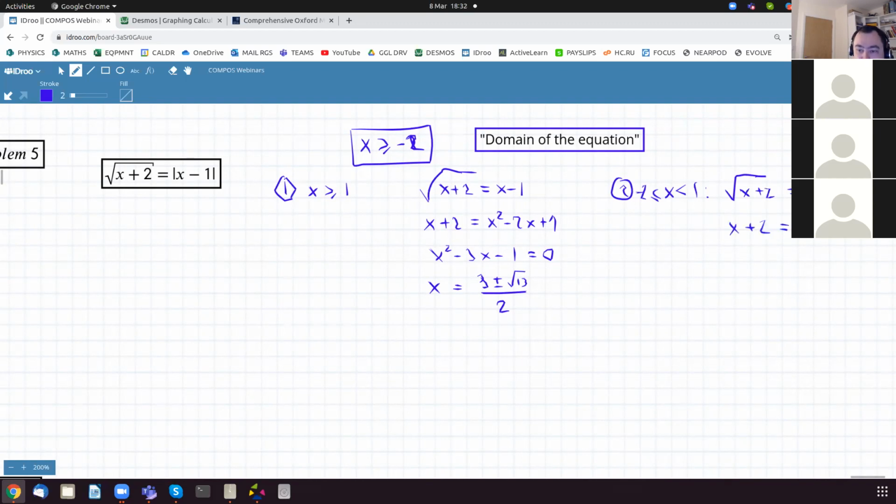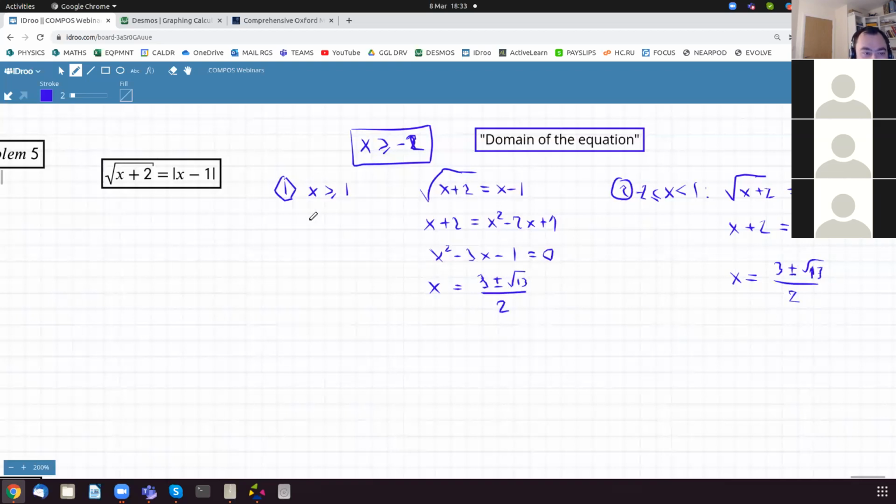When we square it, we actually get the same equation, x squared minus 2x plus 1, and x is equal to 3 plus or minus square root of 13 over 2.